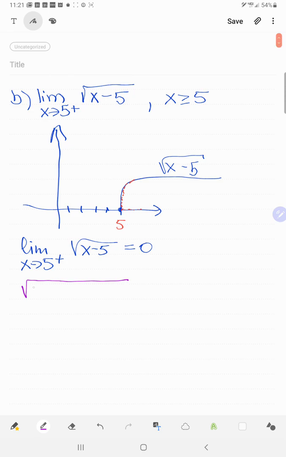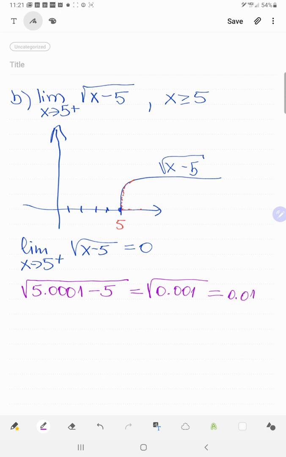So for example, if we plug in for x 5.0001 minus 5, that will give us the square root of 0.0001. If we plug this into a calculator, we'll see that the result is 0.01.